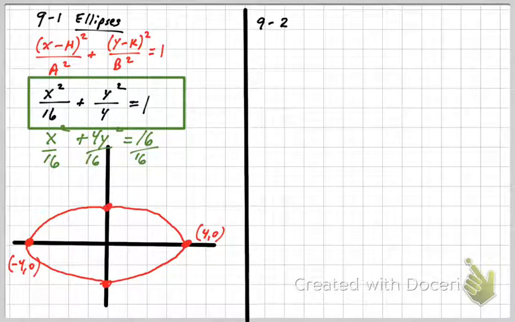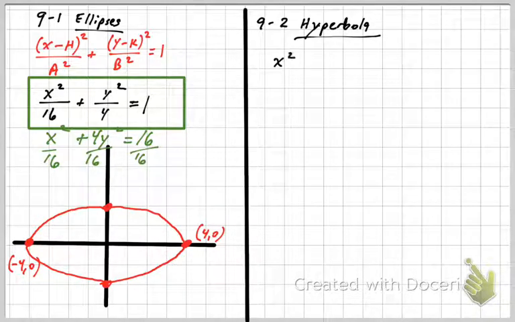9-2 deals with hyperbolas. I'm going to give you almost the same equation: x squared over 16, but this time it's going to be a minus.